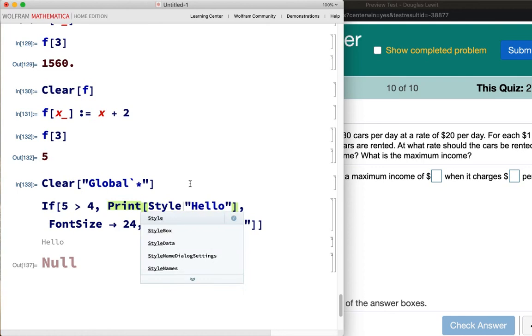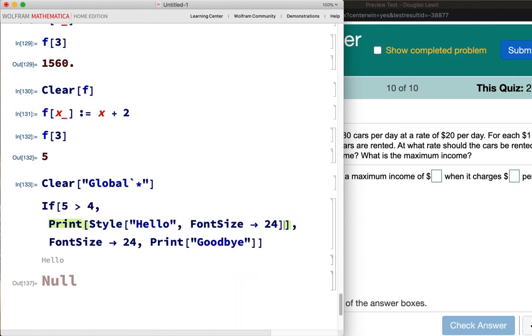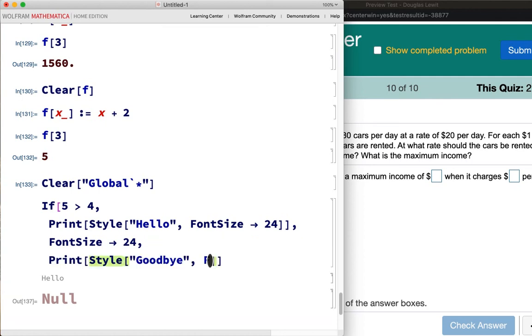So style, sorry, font size is 24. And print style. Oops, sorry. Font size is 24. Okay. So 5 is bigger than 4, so we're going to do this.